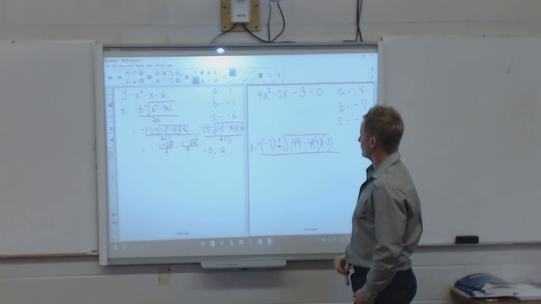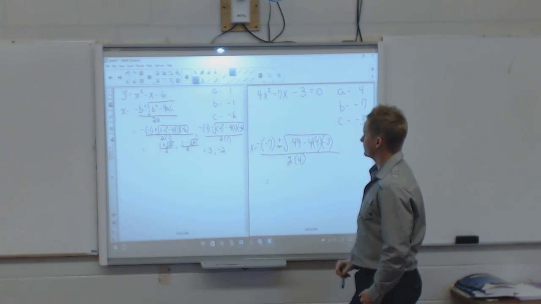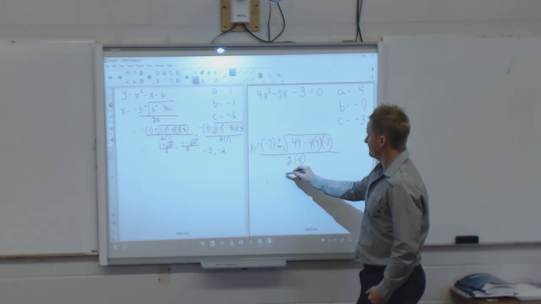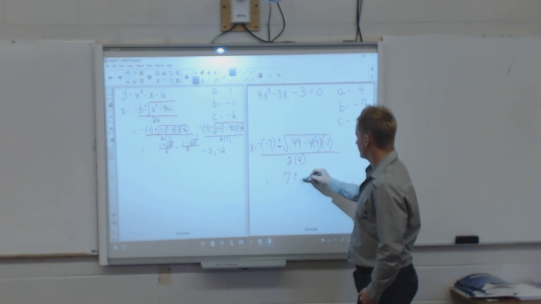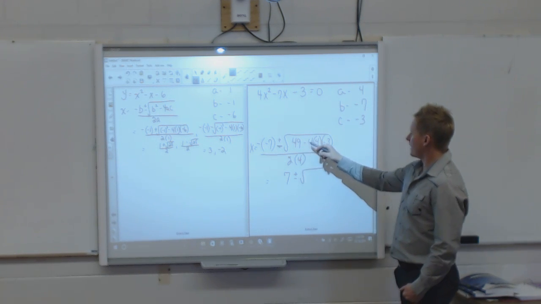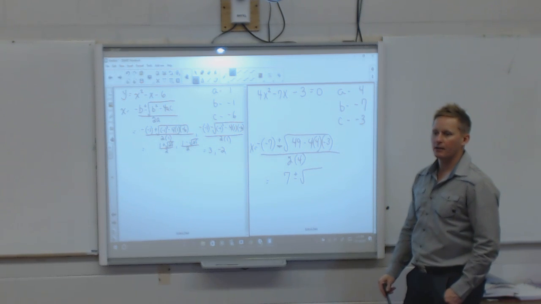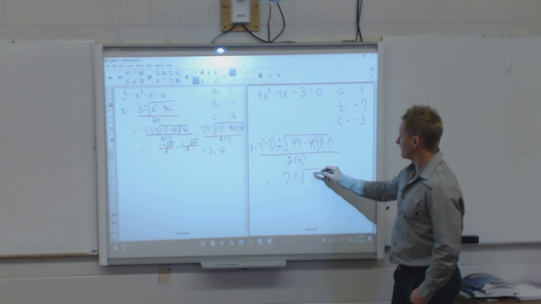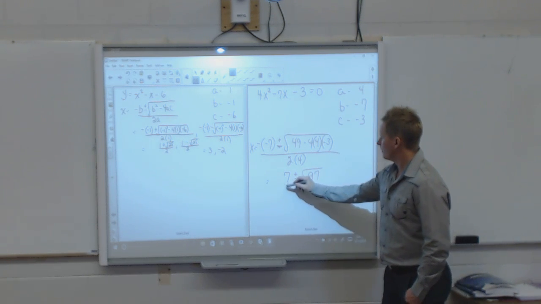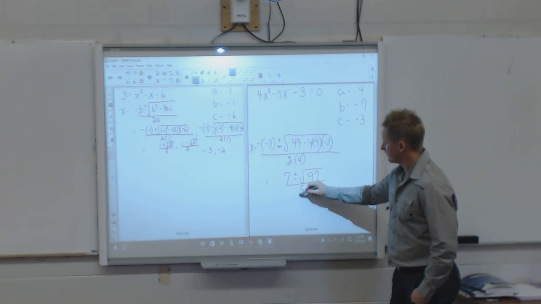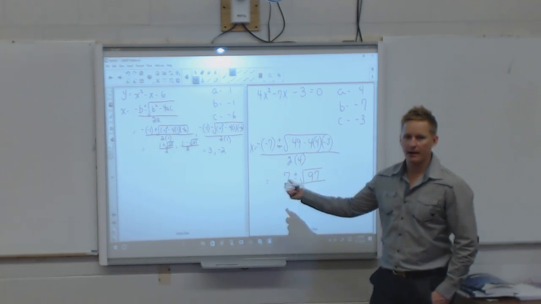And all of that is over 2 times 4. Equals 7 plus or minus the square root of 49 minus 16 times 3, which is 48, so that's add. 49 and 48 make 97 over 8. If you left it as that, I'd mark it right.